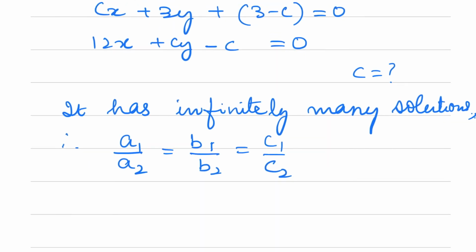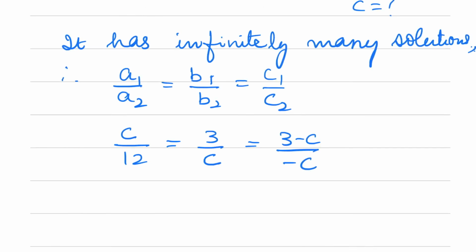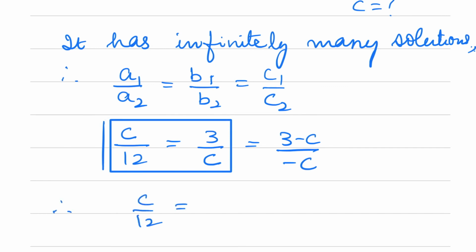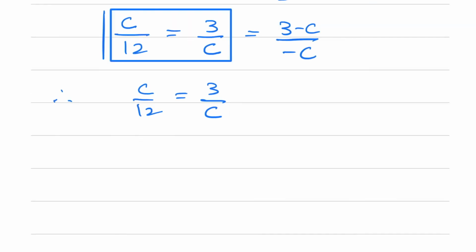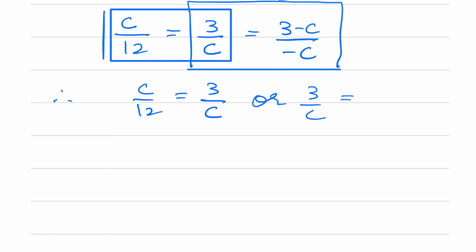Now A1 is C and A2 is 12 and this should be equal to 3 by C and this should be equal to (3 minus C) by (minus C). So here we can compare these two. Therefore C by 12 is equal to 3 by C, or we can compare these two also. So 3 by C is equal to (3 minus C) by (minus C).